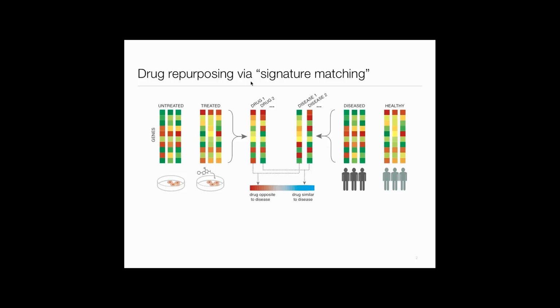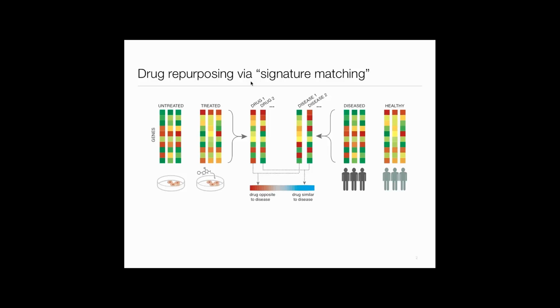And the idea is to identify opposing expression patterns, with the rationale being that if expression is perturbed in a certain direction in disease, and a drug shows evidence of perturbing the expression in the other direction, then perhaps that drug could push the disease-perturbed expression more towards normal, and thereby provide some sort of therapeutic benefit for that disease.